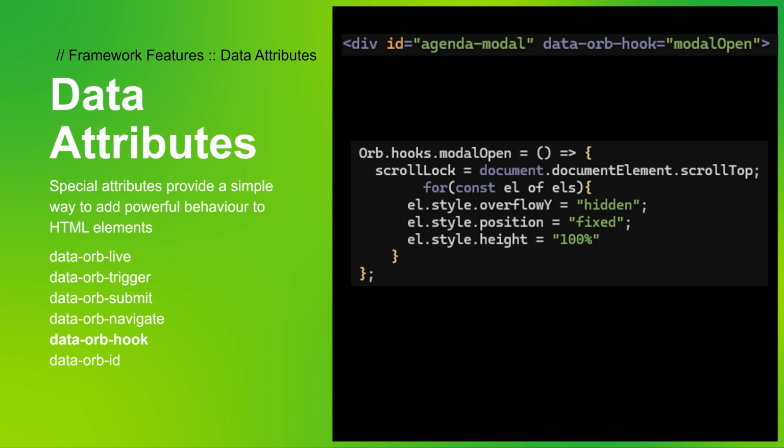Then when that element that declares the data-orb-hook attribute appears on the page, for example, if it's inserted into the page by a trigger, then that modal open function will be automatically called. So this makes it possible for orb to instruct the page to execute client-side code in response to server-side actions. This makes it possible to integrate orb with other JavaScript libraries or any custom JavaScript that you want to use.